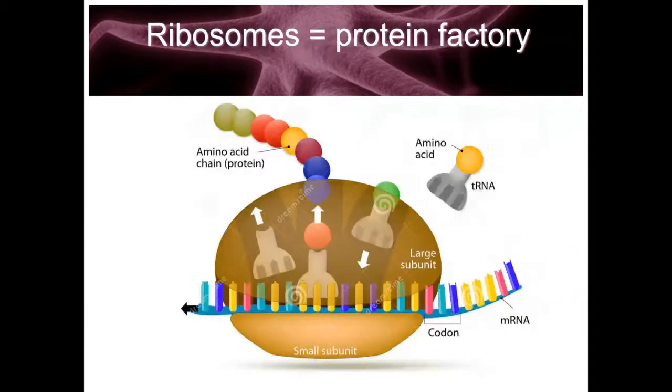Okay, all cells also have ribosomes, which remember are protein factories. This is where we make the protein. Now, ribosomes are a compilation of proteins, so they're called ribosomal proteins, and RNAs, they're called ribosomal RNAs. So we mentioned that there are different kinds of RNAs in the last chapter.